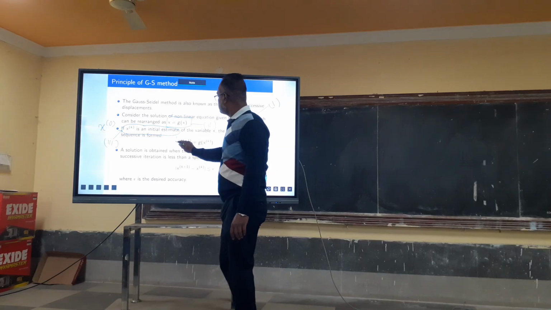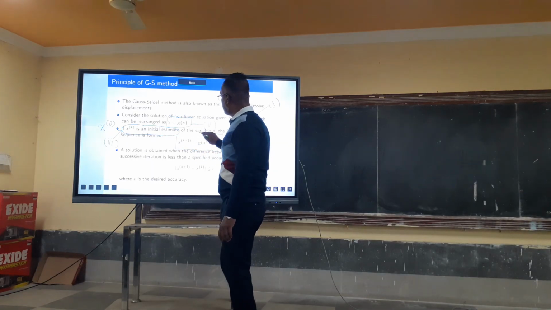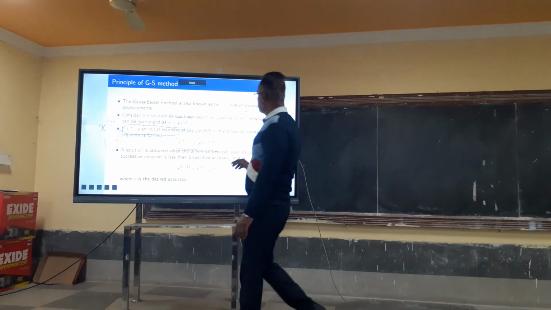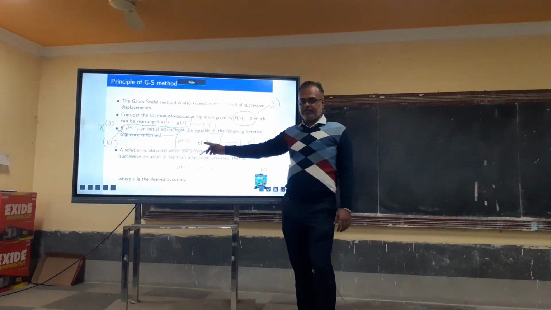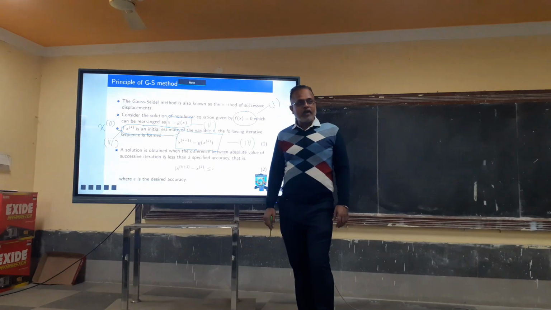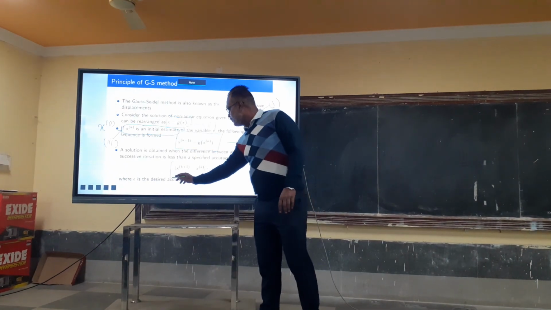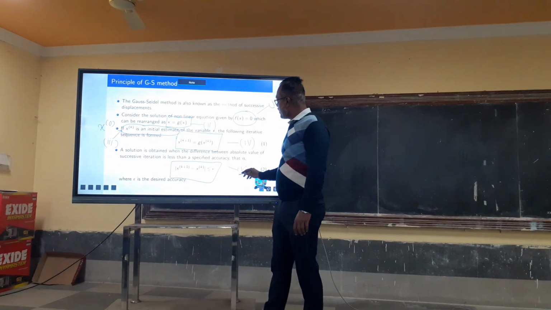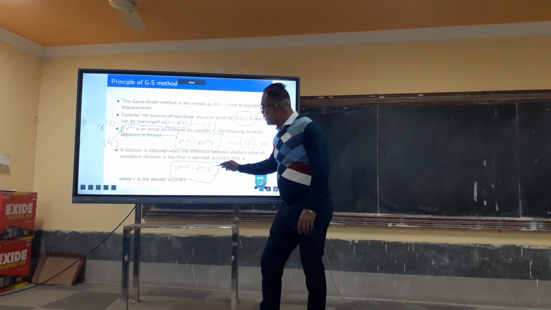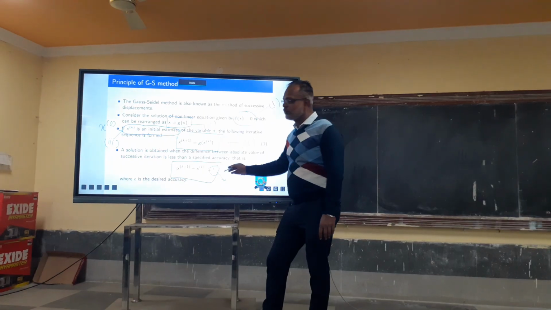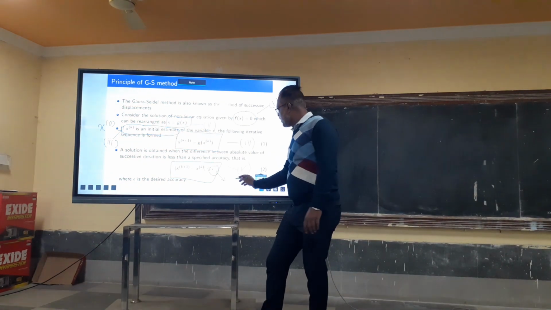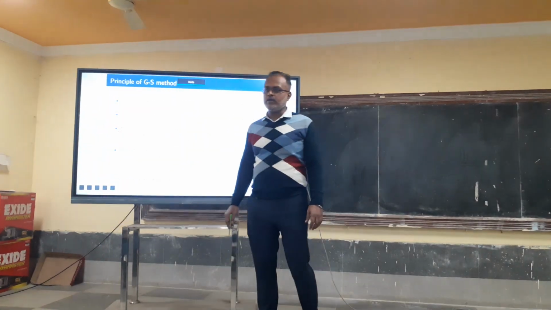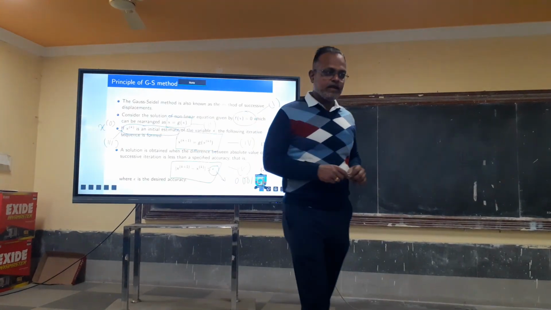Then in the next iteration, you will find the value of x using this formula. And finally, you are going to stop when the difference between successive iterations is below a certain threshold, which is known as the tolerance level. So tolerance may be say 0.001. That depends on your requirement.